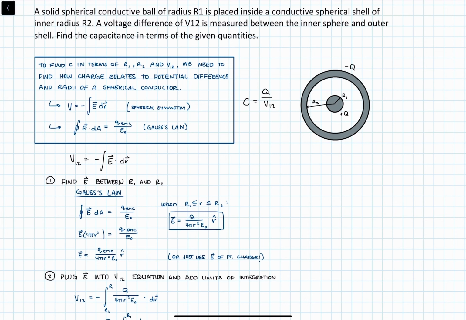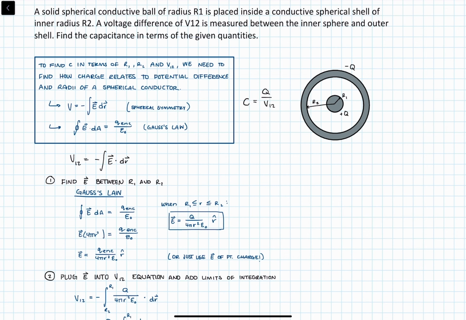So we can use the equation for the potential difference, which is equal to the negative of the integral of the electric field dotted with dr. That's for spherical symmetry.